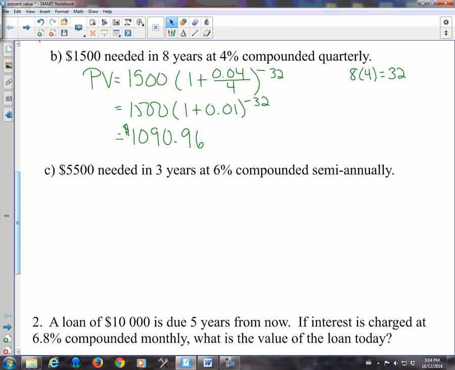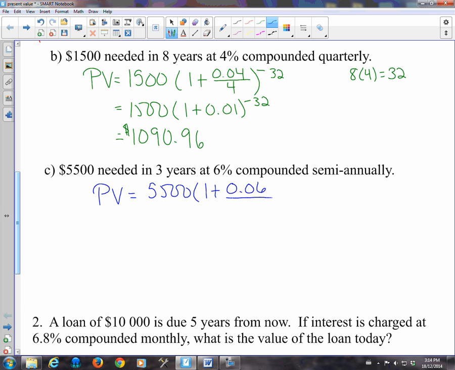All right, if we need $5,500 in 3 years and we get 6% compounded semi-annually, that means the accumulated amount is $5,500. I have 1 plus my interest rate as a decimal, and I'm dividing it by 2 because it's twice a year, semi-annually. In 3 years, twice each year is 6.